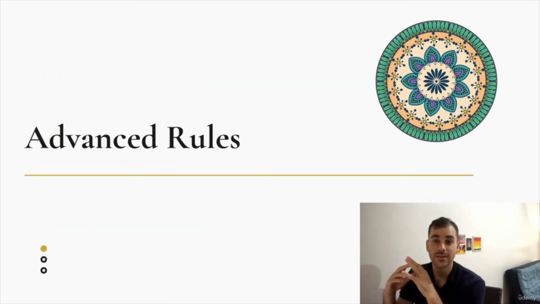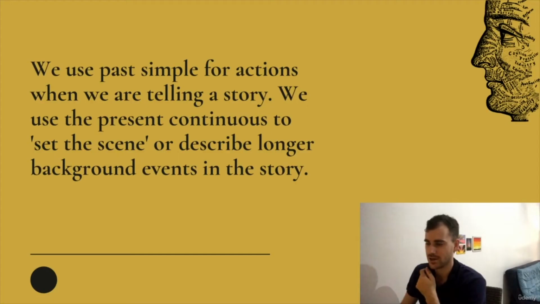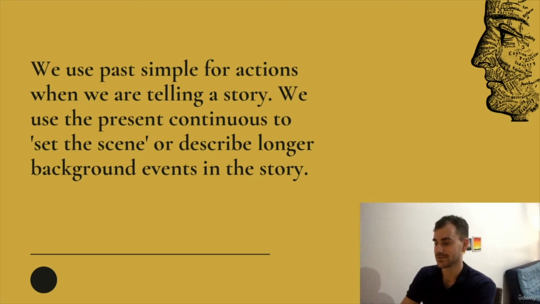We're going to go into some more advanced rules to really get you thinking about unusual and special situations. We use the past simple for actions when we are telling a story. We use the past continuous to set the scene or describe longer background events in the story. So when you're telling a story, often you'll use 2 tenses, past simple and past continuous.